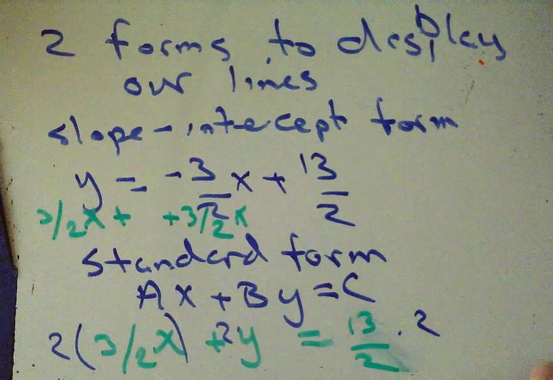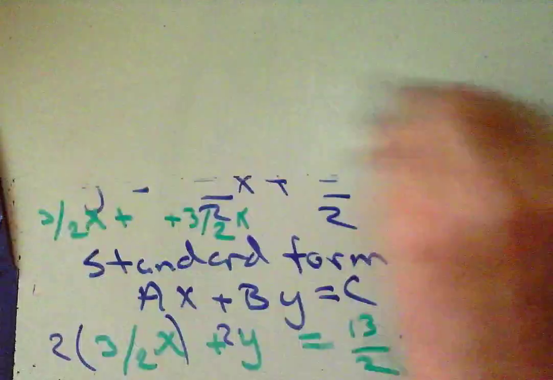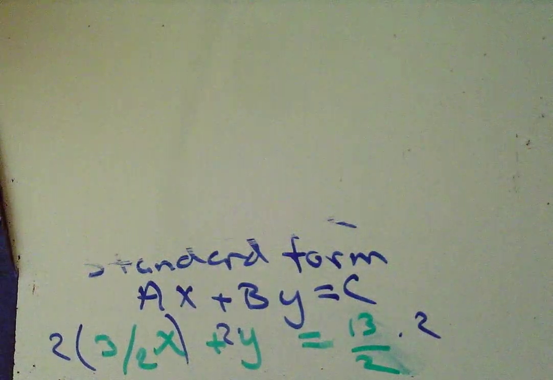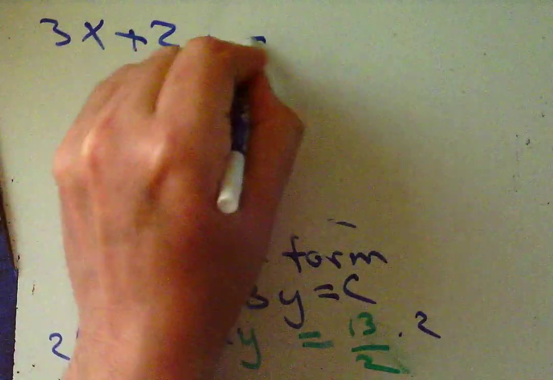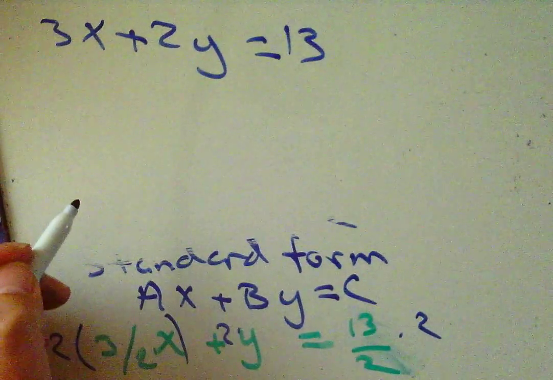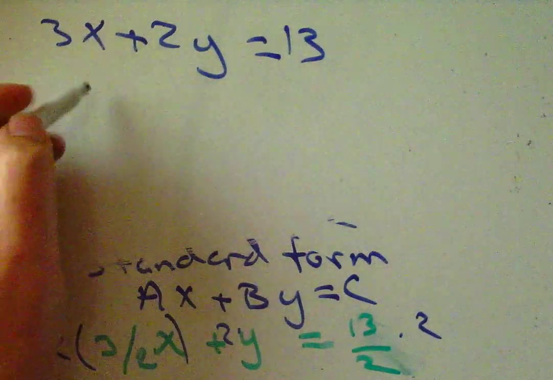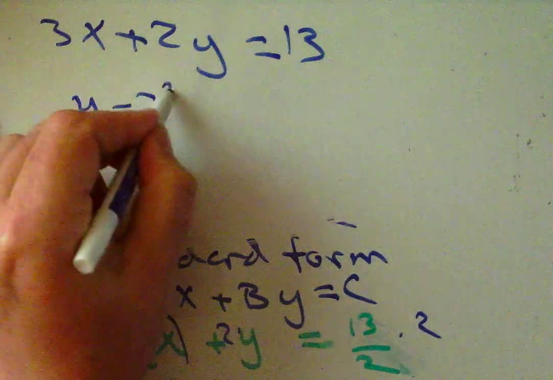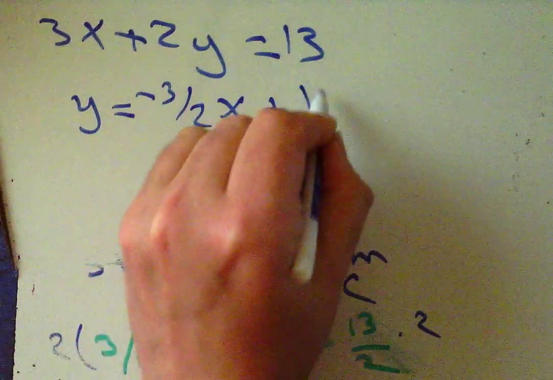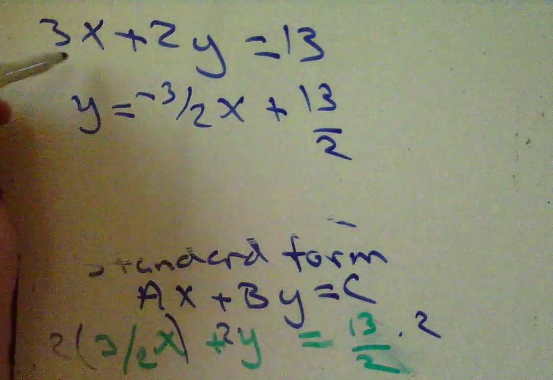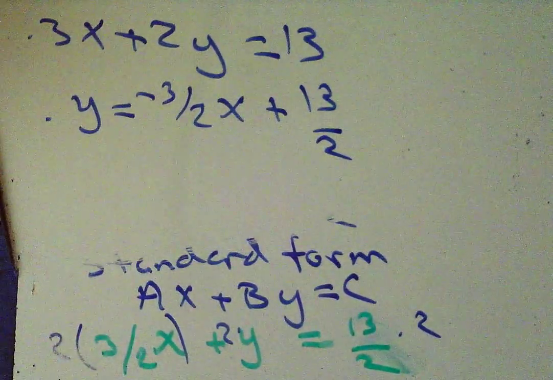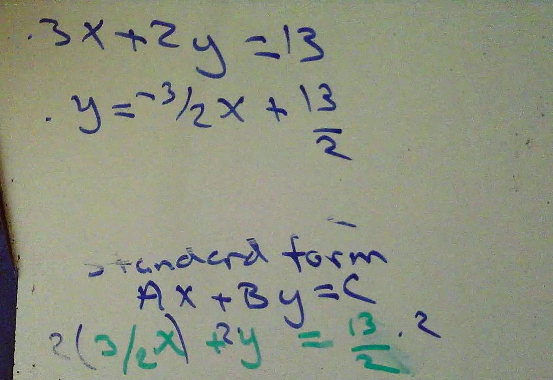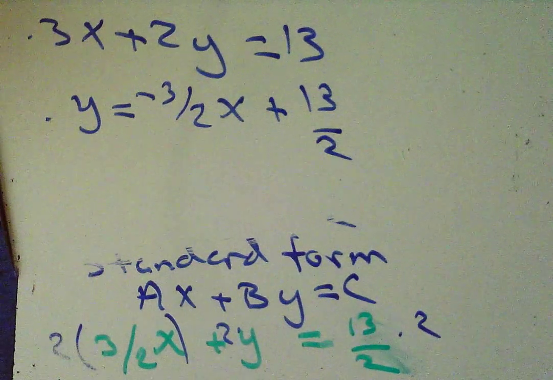When I do that, I get 3x plus 2y equals 13. This is the same line as y equals negative 3 halves x plus 13 halves. There's standard form, there's slope-intercept form. Okay, and I need to be comfortable with displaying my answer in both of those forms.